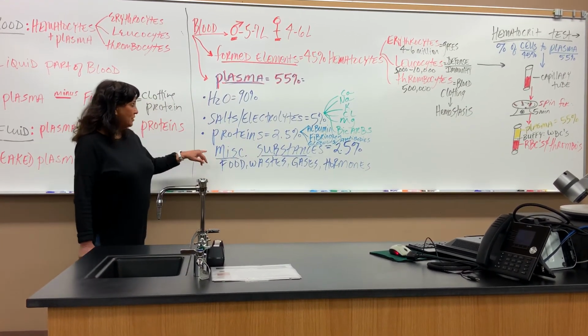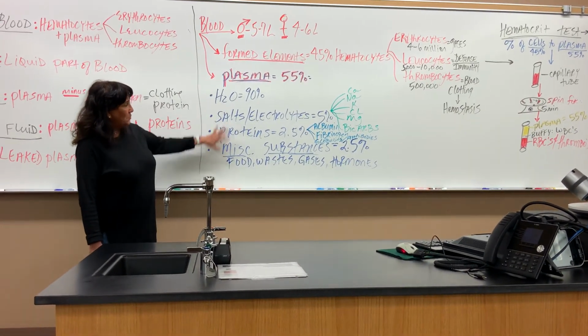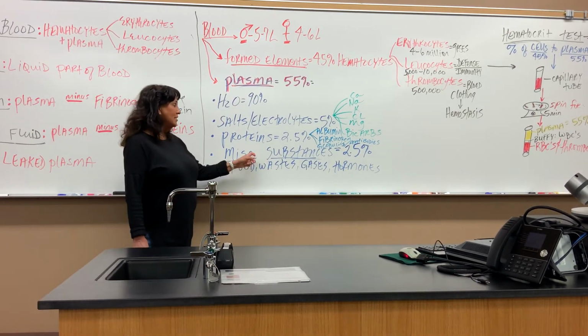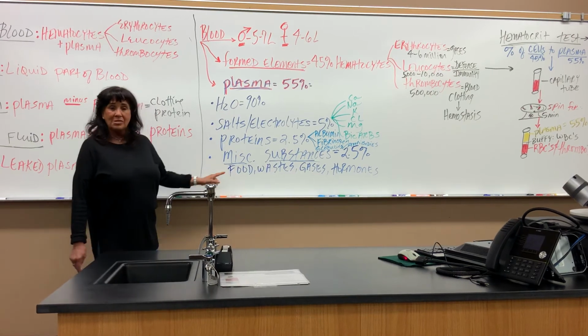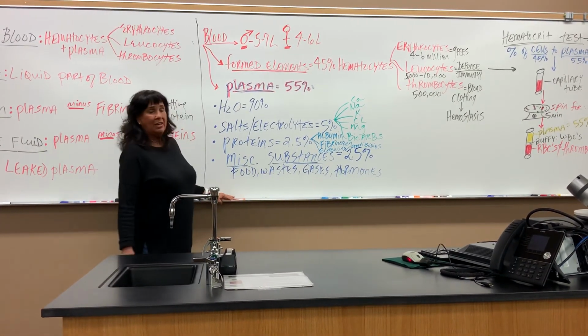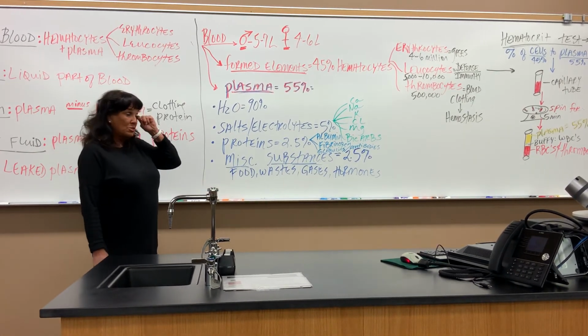And then we have another 2.5% basically to make 100% of this 55%. And so now miscellaneous substances would be like food items, dissolved food items, waste products, anything like ammonia, urea, uric acid, nitrogenous waste.